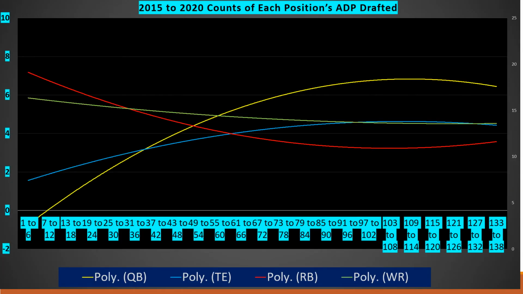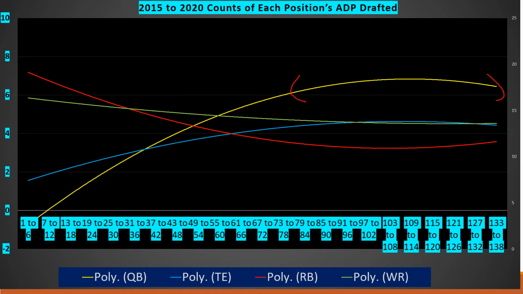And here are the counts of each position. These are the trend lines. For instance, the quarterback peak is about right in here, so that's about the 6th, 7th round up.